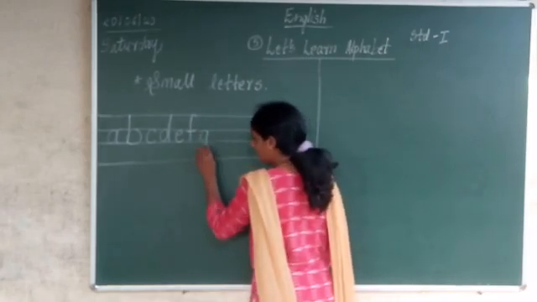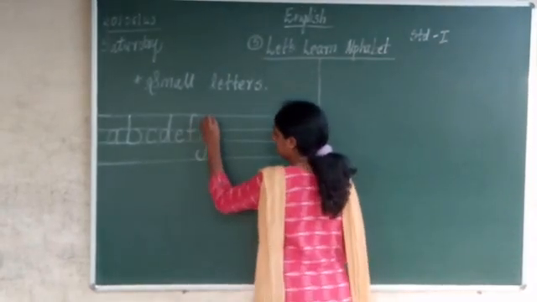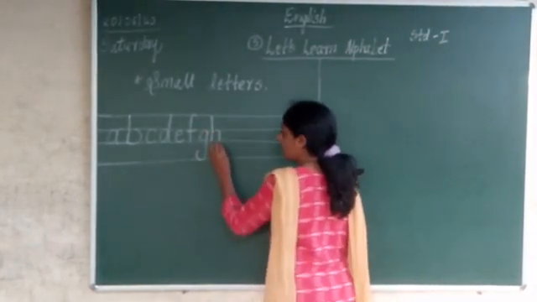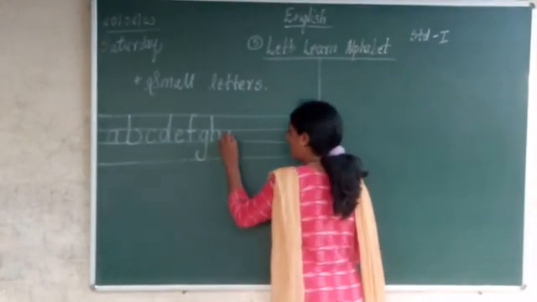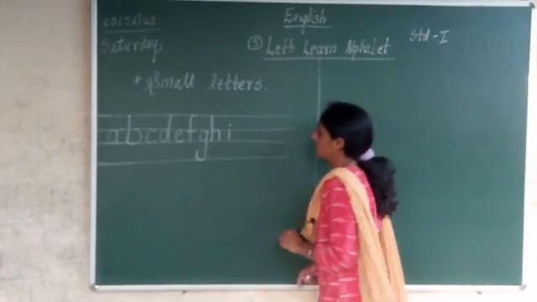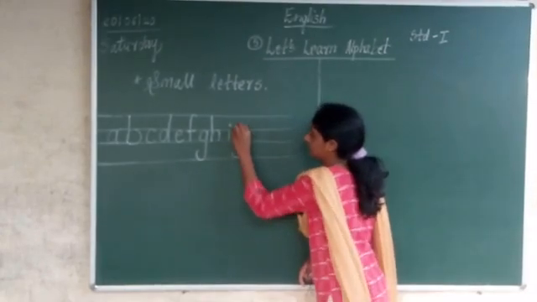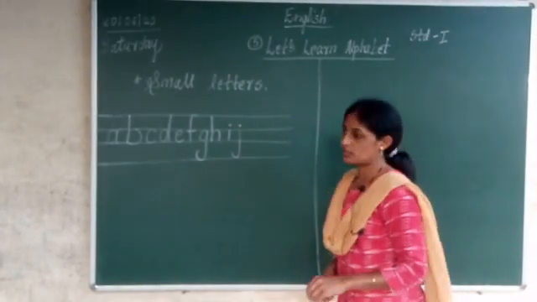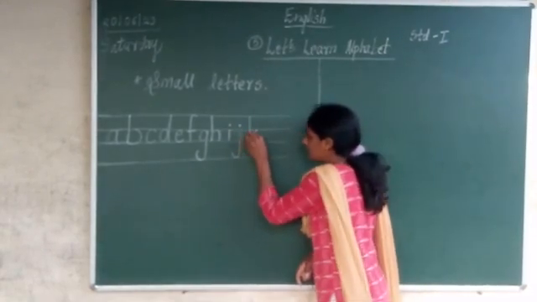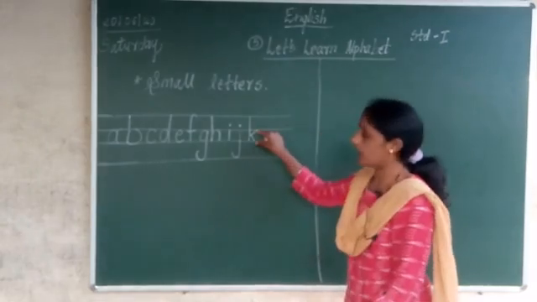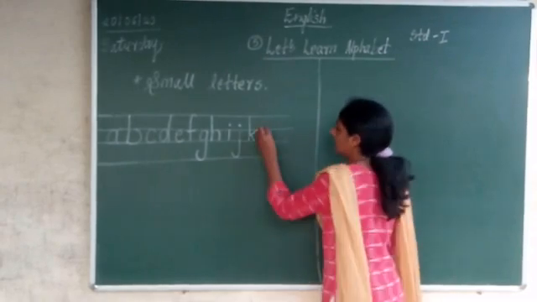F, G, H. After that is I. After I is J. Correct? J. Then K. Now small k should not go outside of these two lines, okay? Second and third line. You have to write in between only, okay? J, K. Then L.